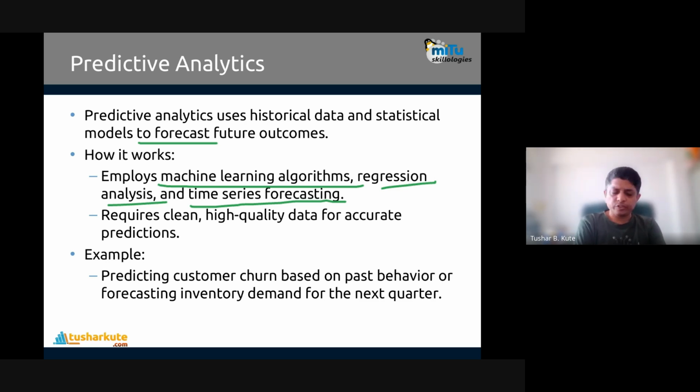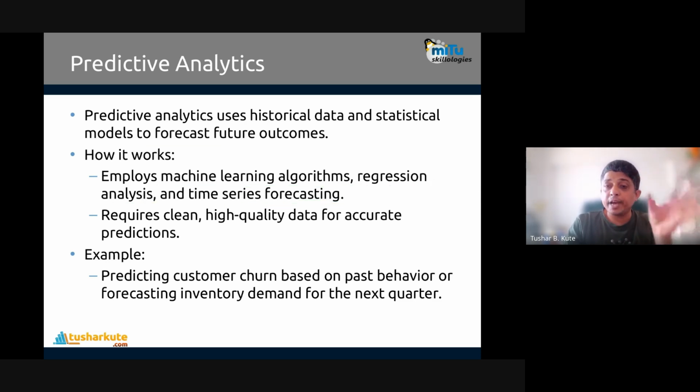All these things can be predicted with the help of predictive analytics, which acts as a primary helping hand for all the activities that we perform in business intelligence.